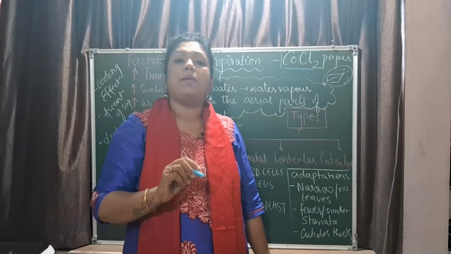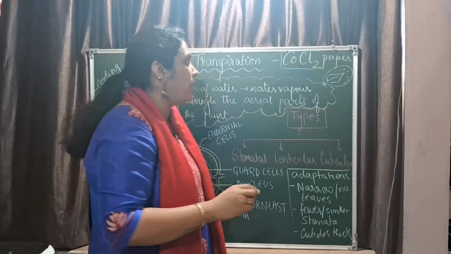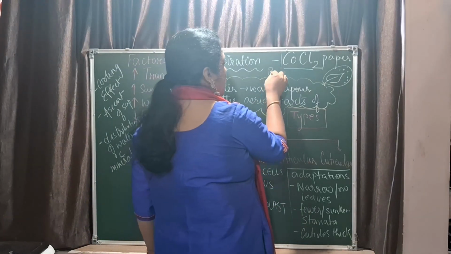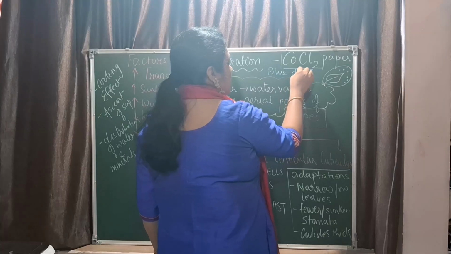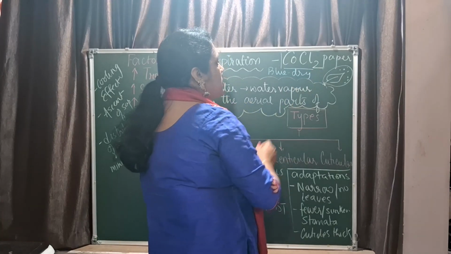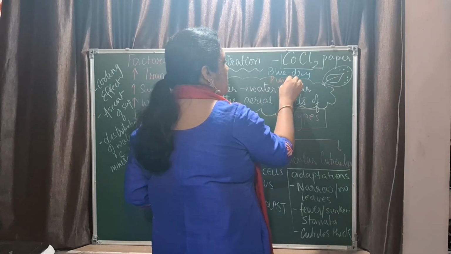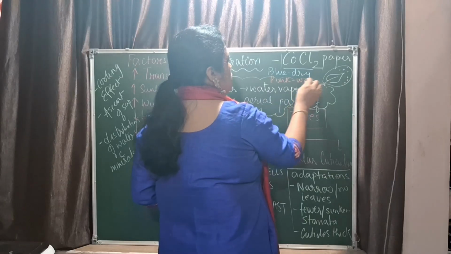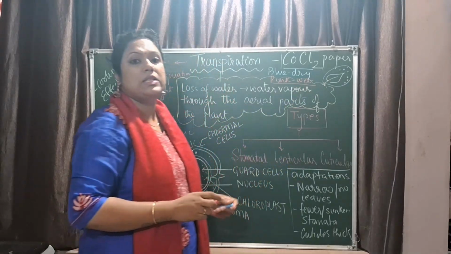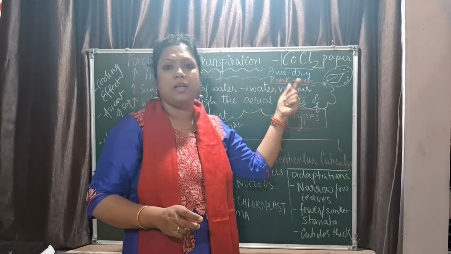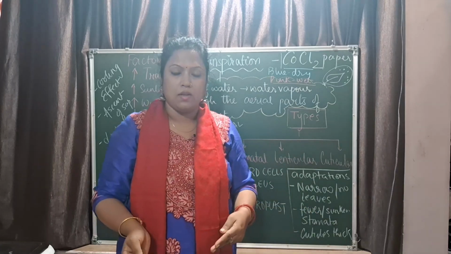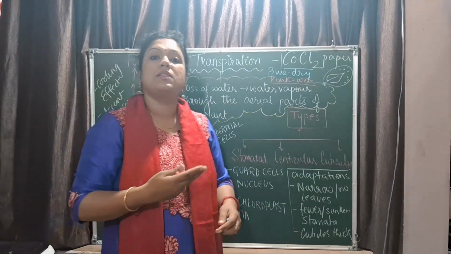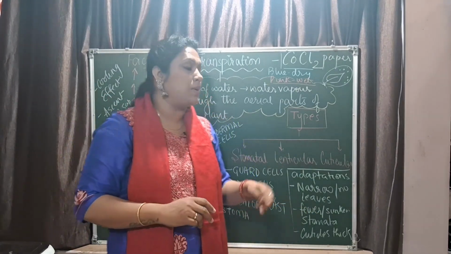The cobalt chloride paper is blue when it is dry, and it turns pink when it is wet. So the moisture is detected by the paper changing its color from blue to pink. This is how the presence of water vapor is tested.